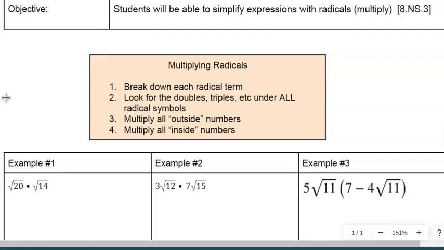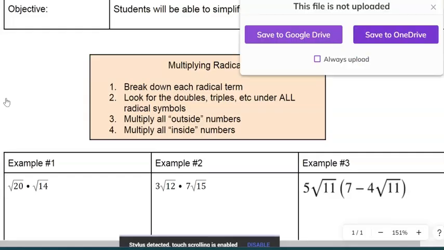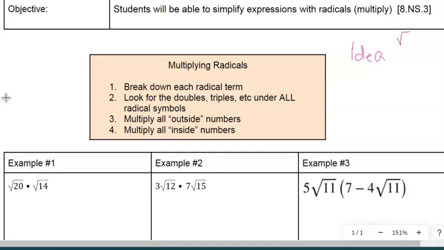Now, when you multiply radicals, the idea, because a radical is really something to the 1/2 power. What happens is if I have 2 radicals that are being multiplied together, I can rewrite that as x to the 1/2 times y to the 1/2.